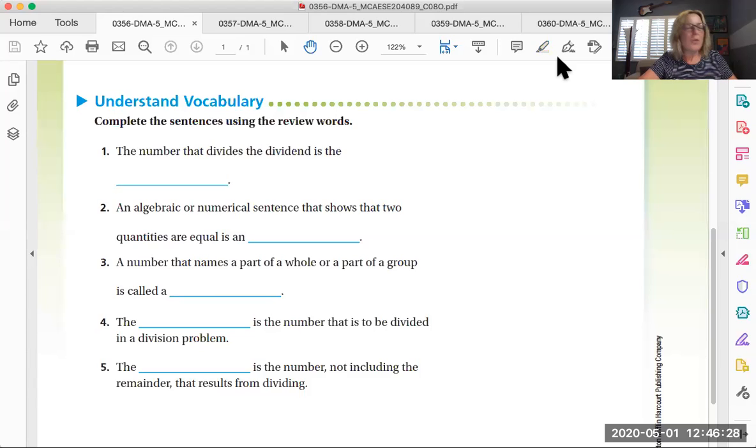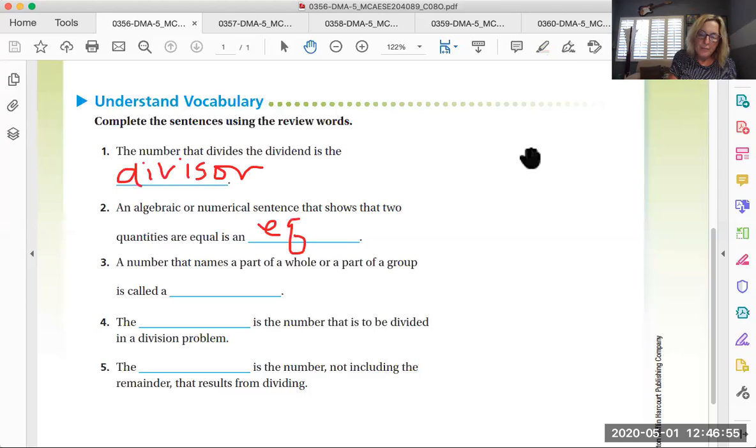So now we want to use the words in the review box at the top of the page in these sentences so that they make sense. The first one says, a number that divides the dividend is the, and we just talked about that, divisor. An algebraic or numerical sentence that shows two quantities are equal is called an equation. If there's no equal sign, we call it an expression, but an equal sign makes it an equation.